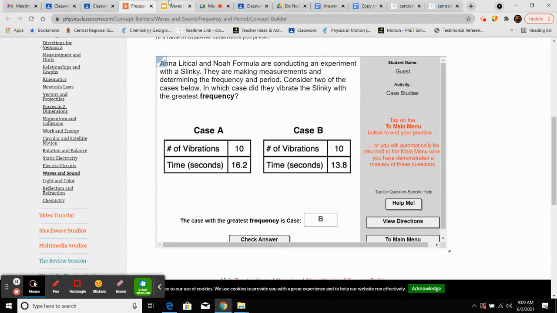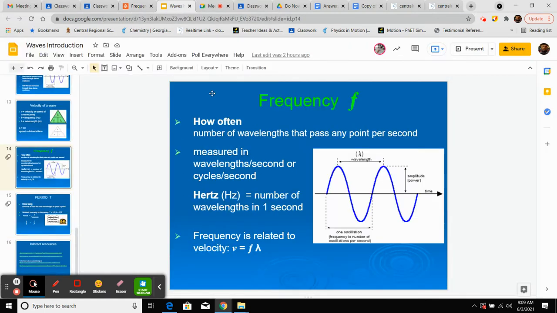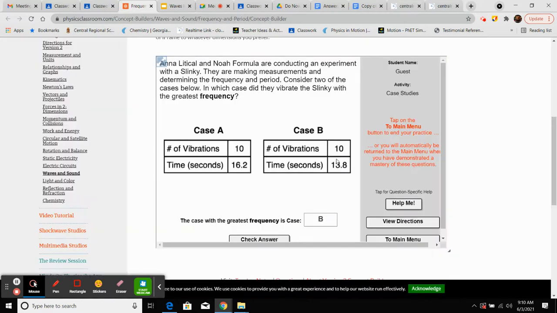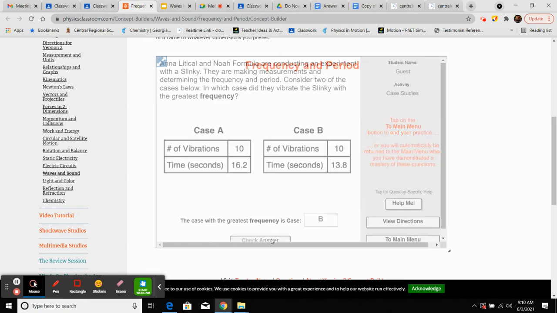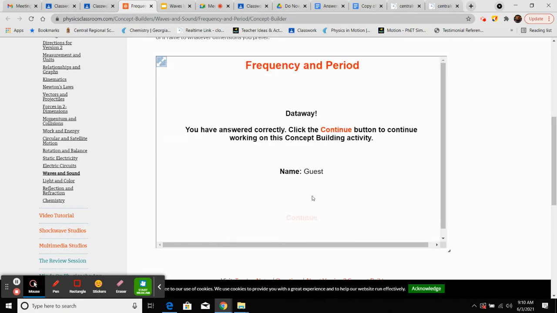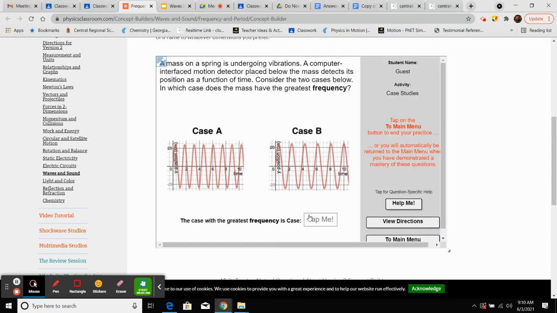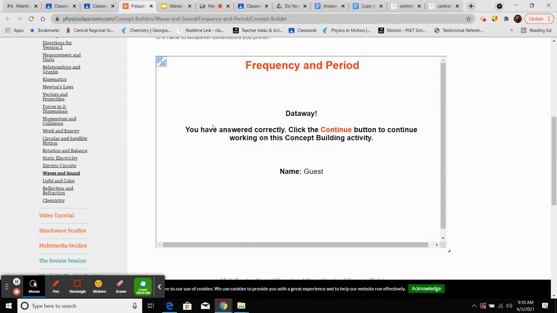How did I find that? The number of cycles per second: 10 cycles divided by the time. Which one has the greatest frequency? A, it's happening more frequently, if you will. Terrible joke. Relax.